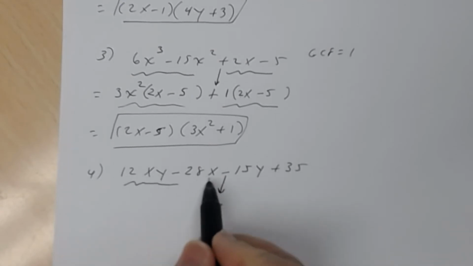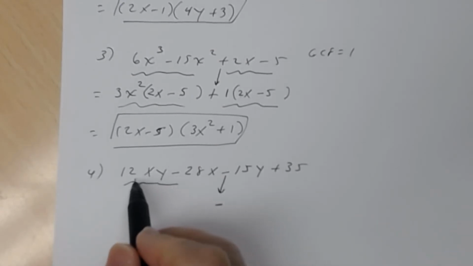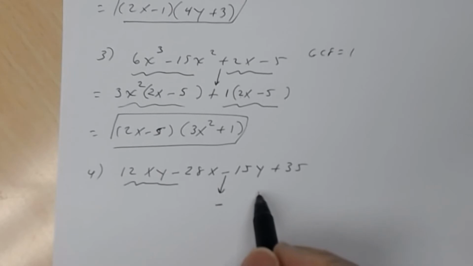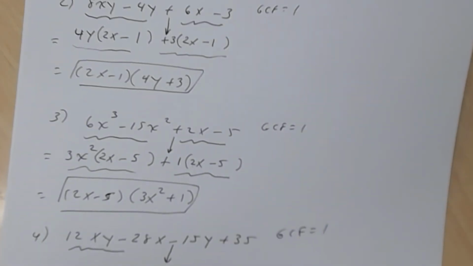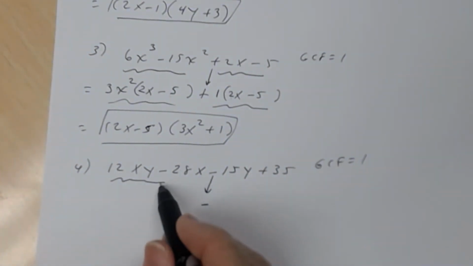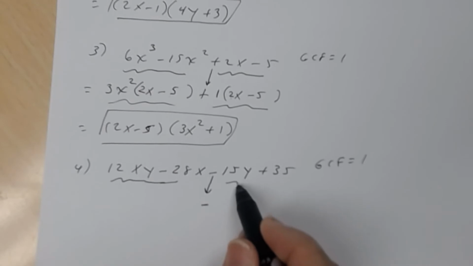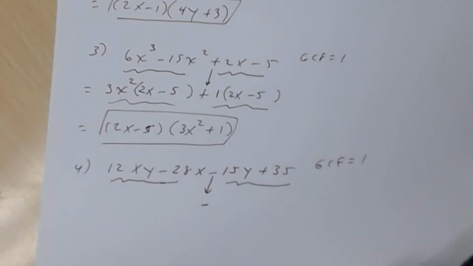Well, first of all, the GCF of all four terms is 1. All right, so 12xy, negative 28x, negative 15y, positive 35, the GCF is 1. So since the GCF is 1, I'm going to go directly to grouping the first two and then grouping the last two.